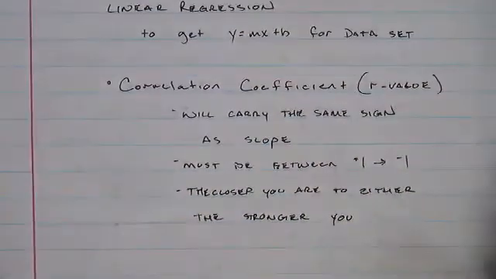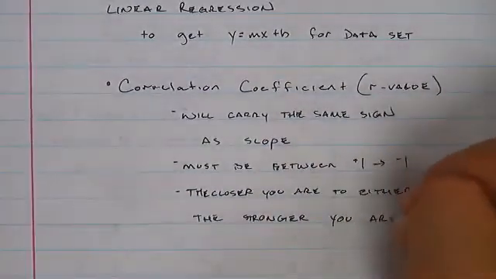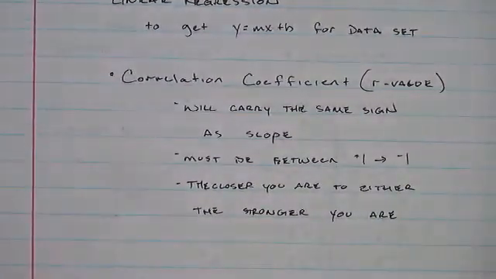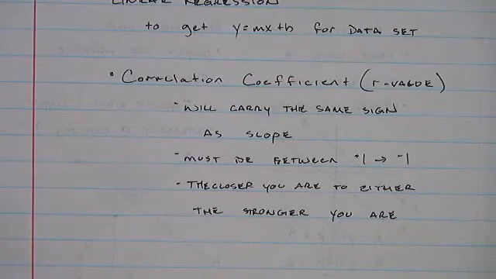Just know that a value more than 0.7 and up is strong. 0.7 and down in terms of negative is still a strong negative.